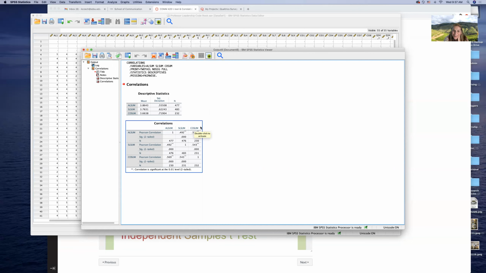Your homework is going to be to make the correlation matrix. Aren't I tricky? You need to figure that out, which is going to be interesting for you to do. You're looking for the 2 variables and the number that correlates with each other. There's really only 3 numbers on here. These are the 2 correlating with AL sum.